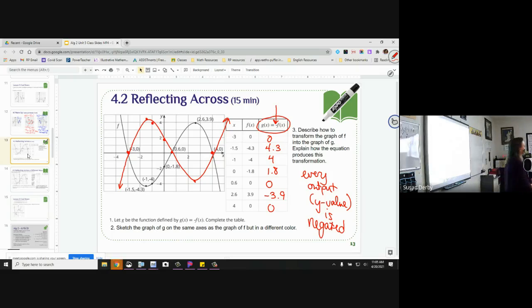Every y value, every output value that we have is negated. So the bottom becomes the top and the top becomes the bottom.